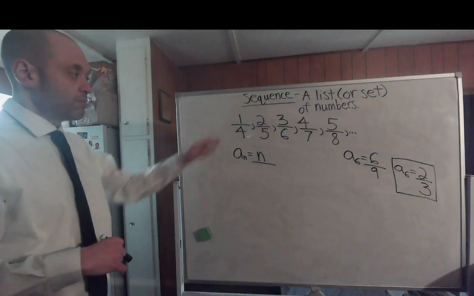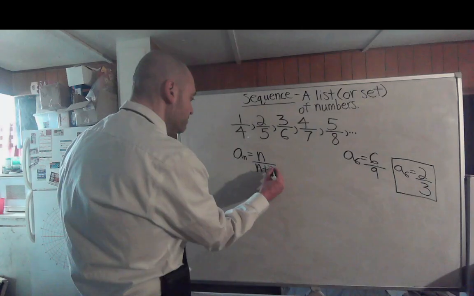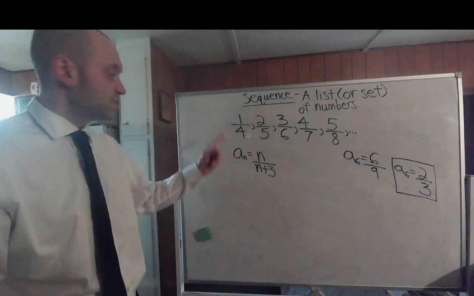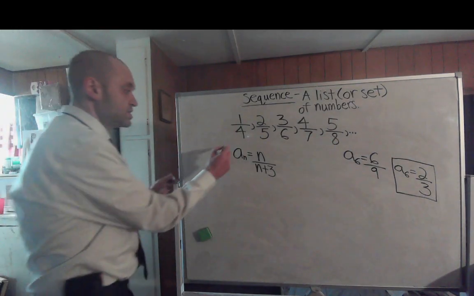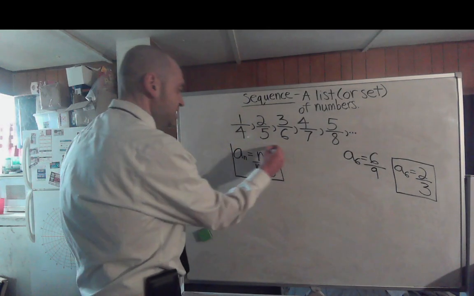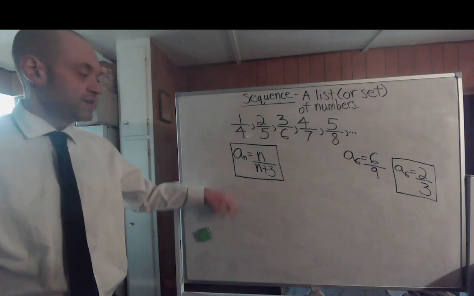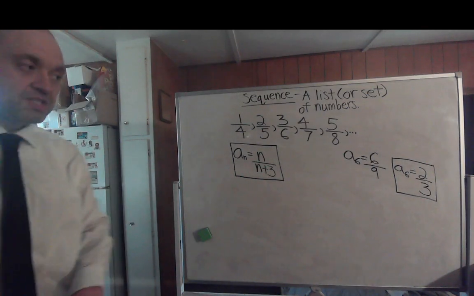Well, 4 minus 1 is 3, right? So this would be n over n plus 3. So if I want to find the 5th term, I would get 5 over 8, which I have right here. So just testing out some values, and it holds up. So the general formula for the nth term of the sequence is a sub n equals n over n plus 3.